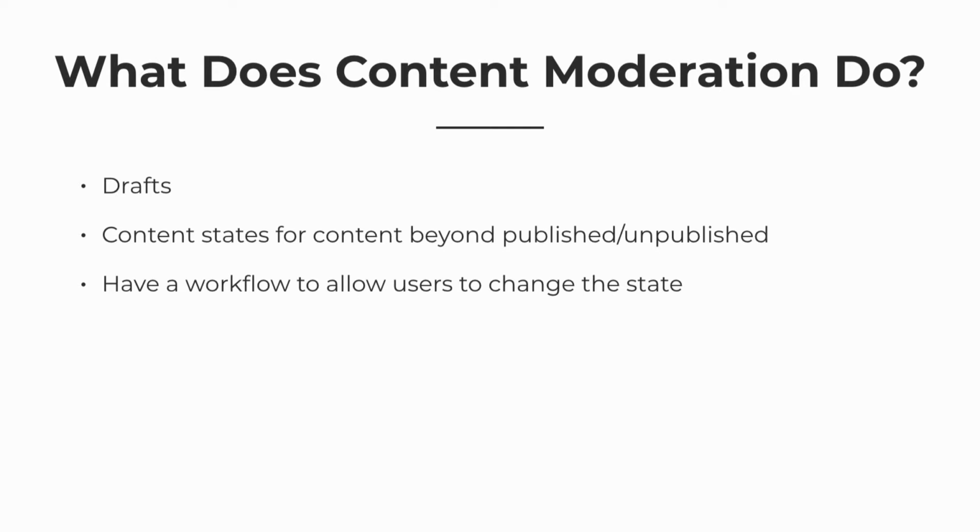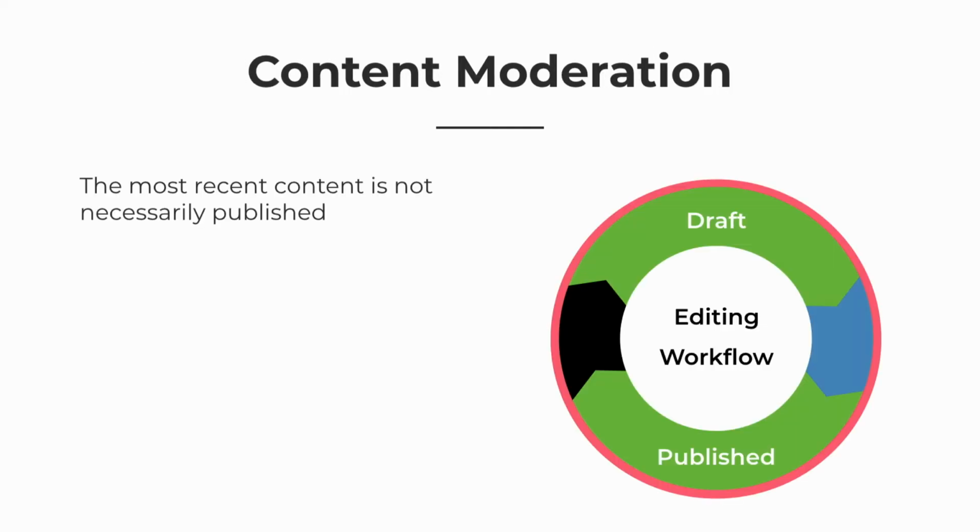So you can build up this workflow with different states, in which things can change from state to state, and you can control who can do it. So content moderation has all these features, and you can set up your editing workflow.